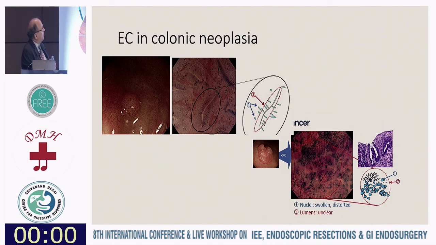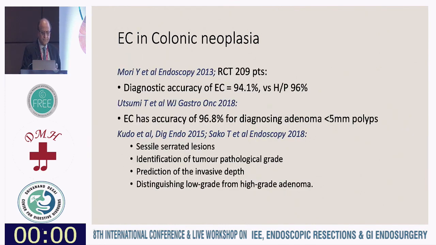And this is how on endocytoscopy you see adenoma, which has tortuous crypts and elongated nuclei, and when it comes to a cancer, there is a very easy recognition of adenocarcinoma. This is again based on diagnostic criteria established by Inoue's group, and this has a high sensitivity which is equivalent to histopathology.